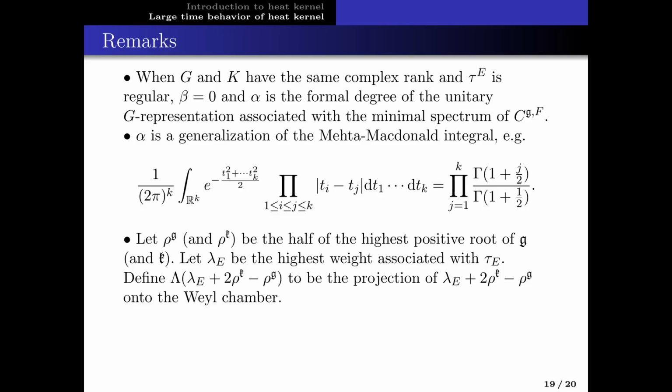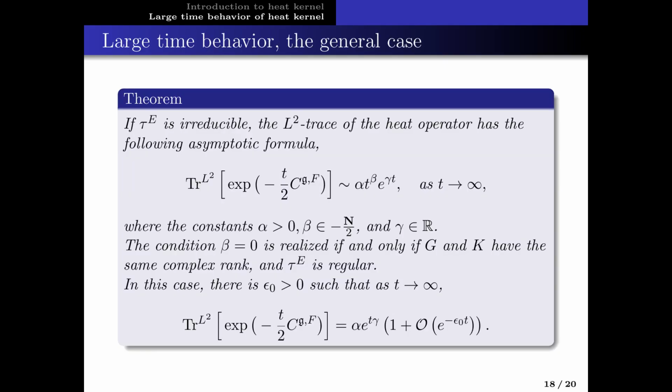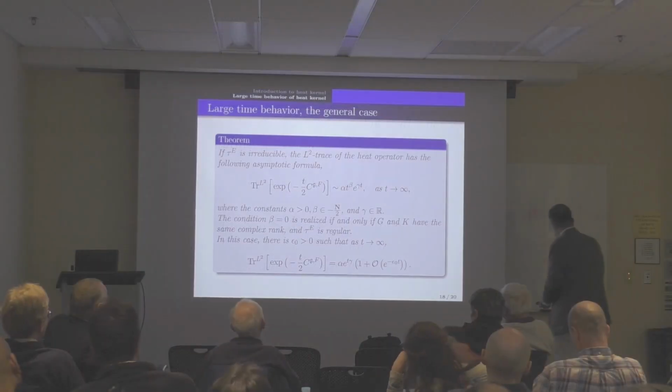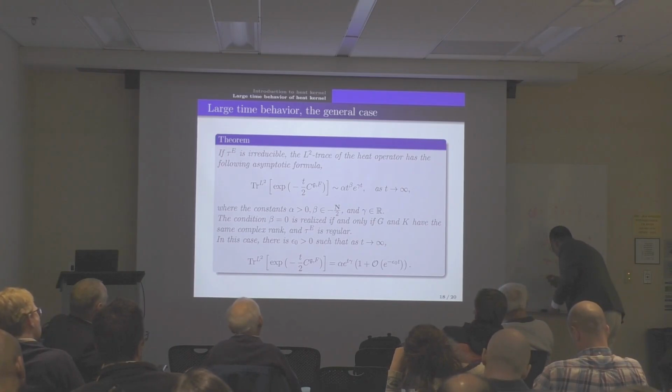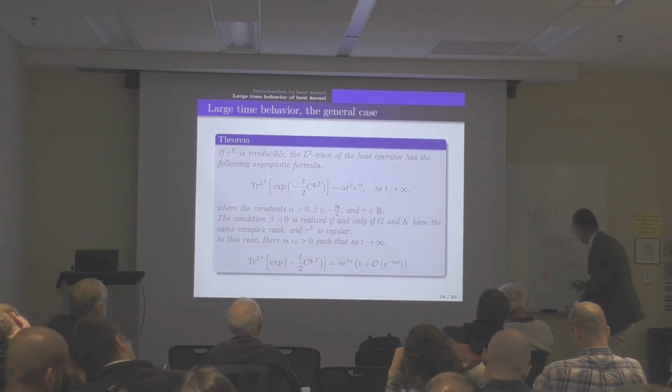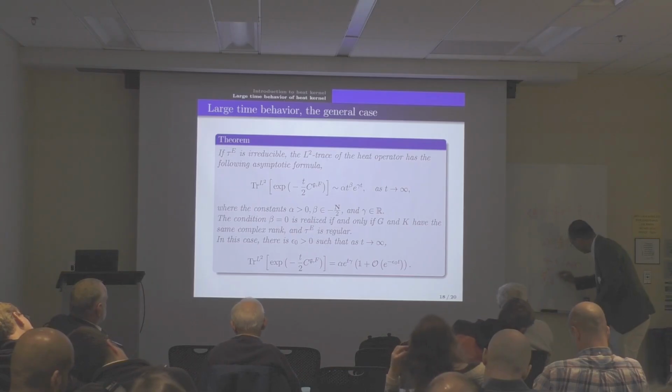So we look at this shift, and then the projection of this shift to the Weyl chambers. Why do we need this? Because in our Bismut formula, here is a heat kernel, here is the heat kernel with the Casimir of X K squared, but we also have the trace of lambda.